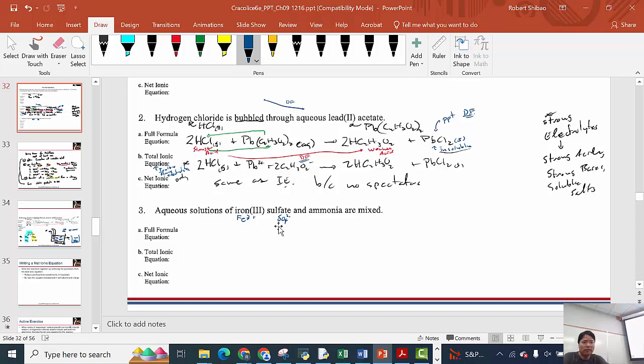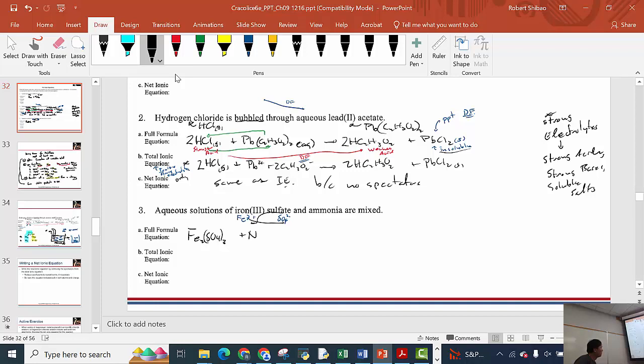So the correct formula for iron 3 sulfate would be what? Fe2 SO4. Yeah. So we could just drop the 3 down here and drop the 2 down here. That gives us Fe2(SO4)3.